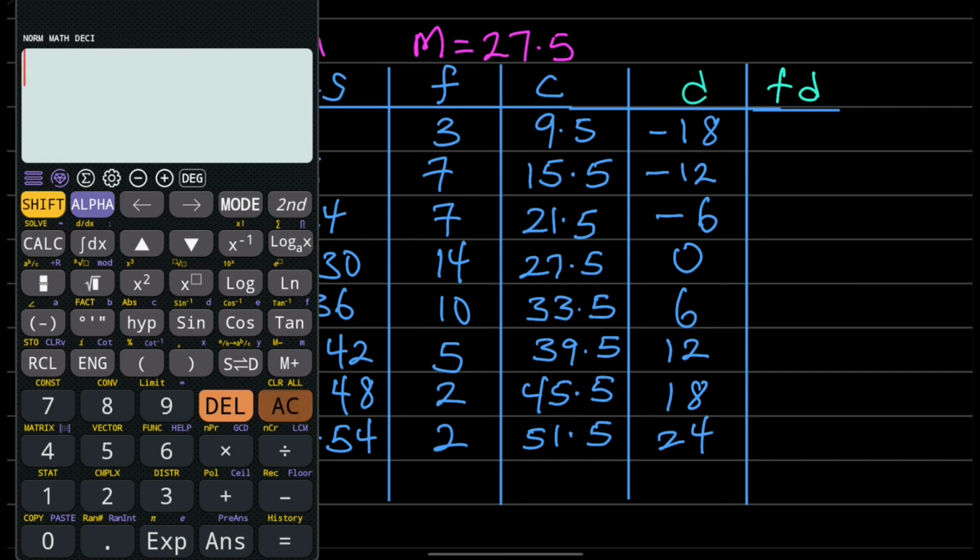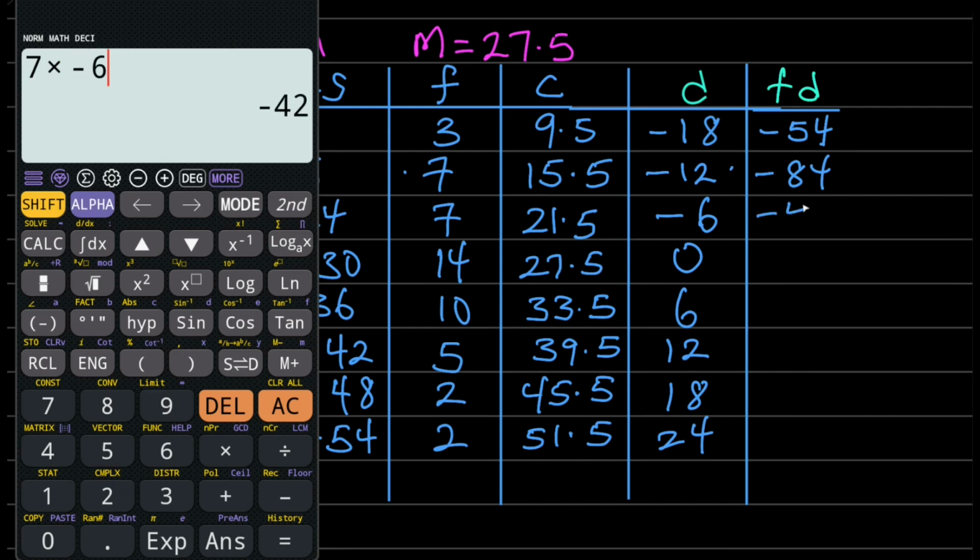So for the first F, I have 3 times minus 18. That is negative 54. The next one is 7 and minus 12. So we have 7 times minus 12, we have negative 84. Moving on again, we have 7 times minus 6, so this is negative 42.